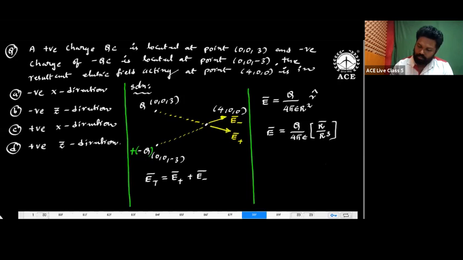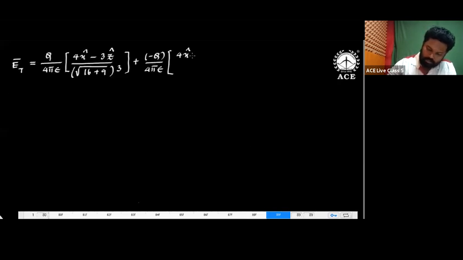So here it is 4x cap, here it is plus 3z cap, divided by square root of 16 plus 9 whole cube.